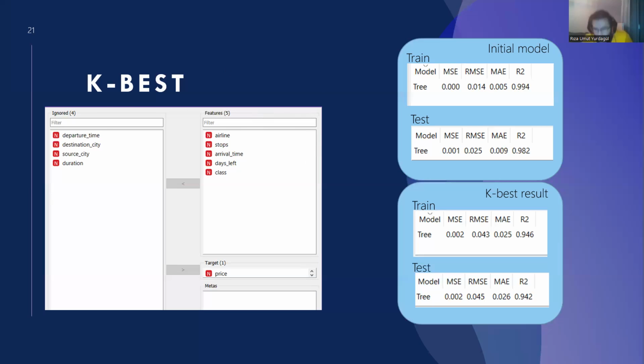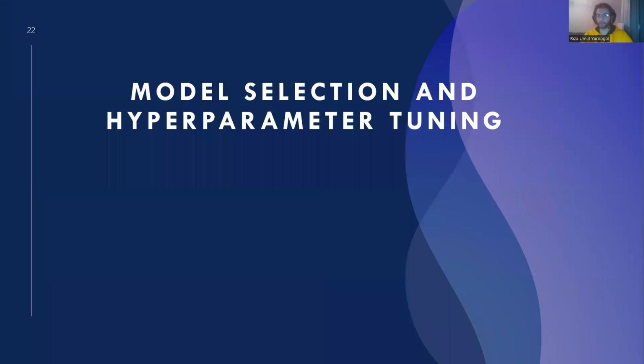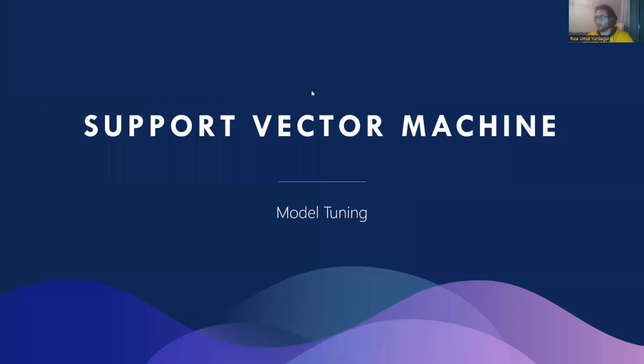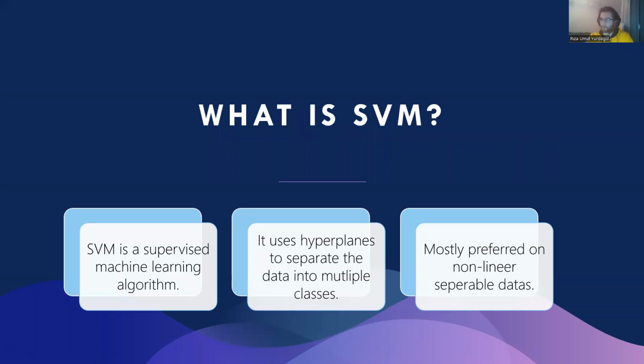Okay, so from now on, we will start the part of the presentation on model selection and hyperparameter tuning. I would like to start with the SVM model. We only have 10 minutes, okay. I will try to be as fast as possible then. So I would like to first explain SVM. SVM is a supervised machine learning algorithm.